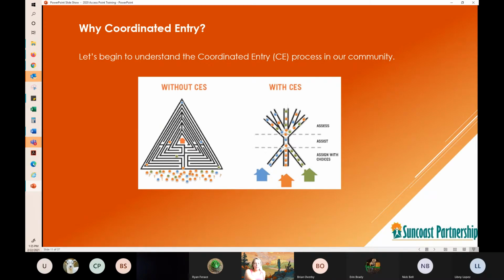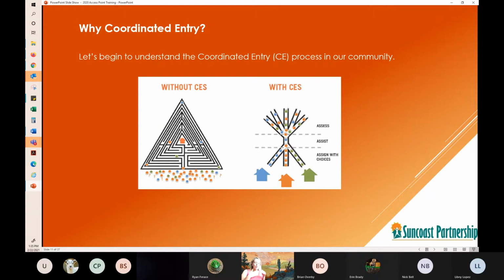Then we're triaging them, and we're assigning them with client choices. Ideally, we would have a multitude of rapid rehousing projects to choose from, a plethora of permanent supportive housing placement options for clients, so we could say, here are your options. But the reality is we don't.